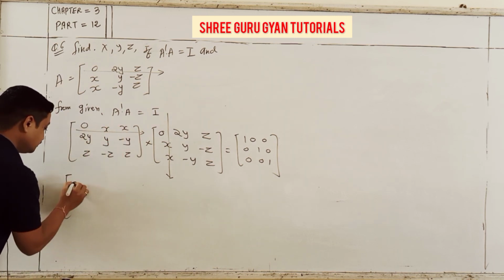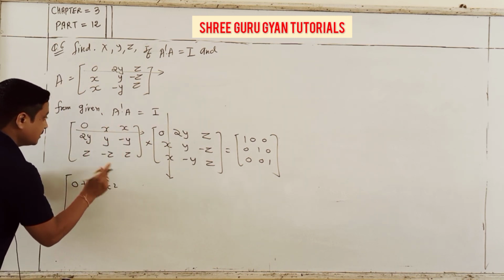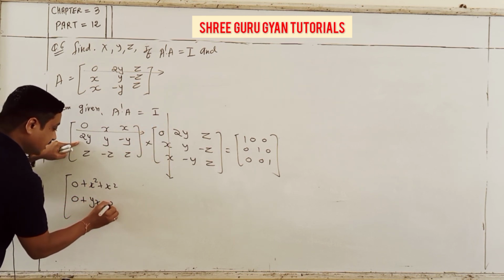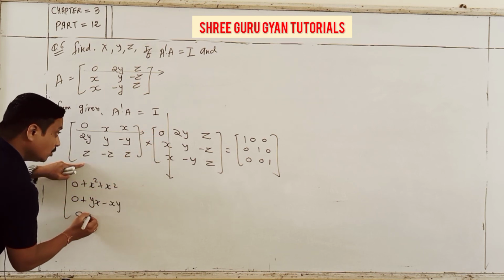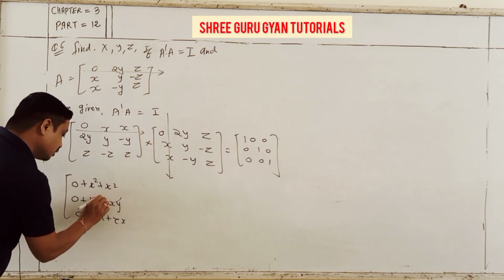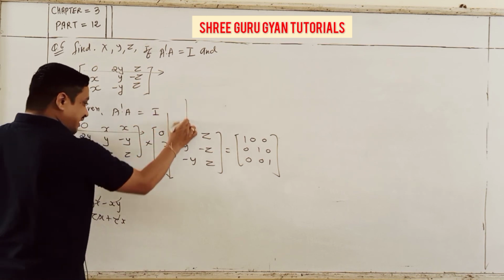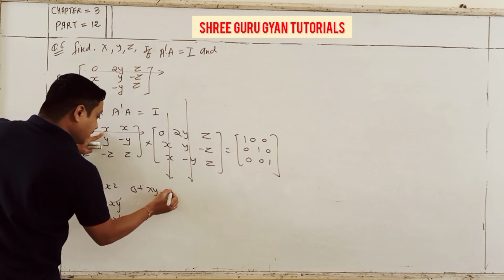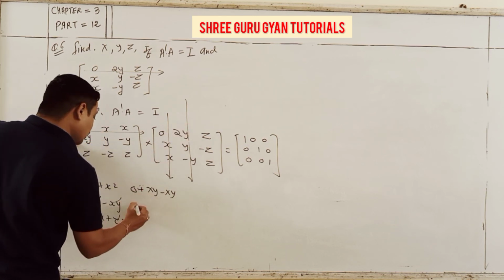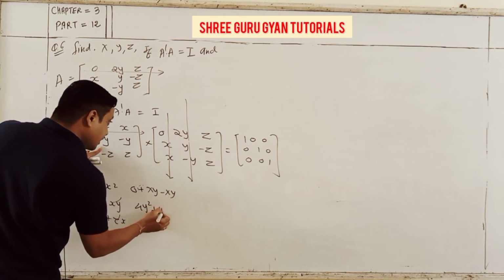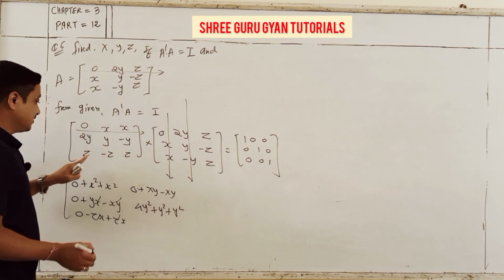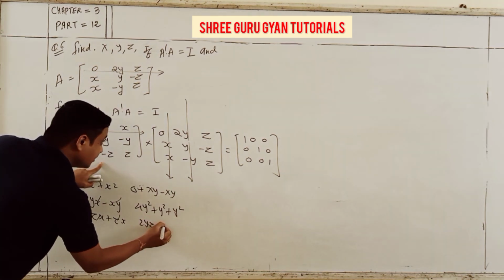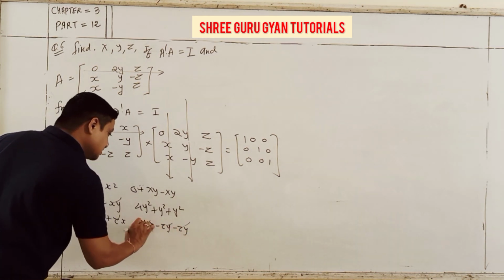So 0 with 0, x square. Now this row and this column, 0 here, yx minus xy, next 0 minus zx plus zx, in short 0. Now row two, second column: 4y square, next y square plus y square, it is 6y square, and here 2xy, 2yz minus zy, this also cancels.